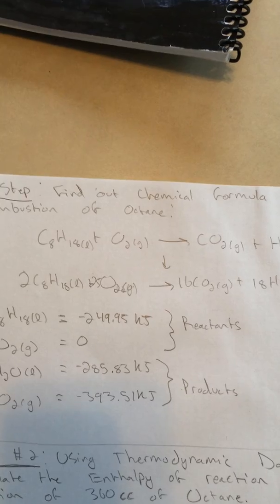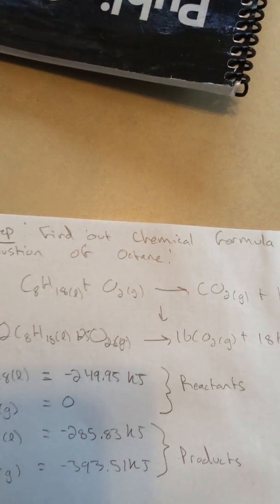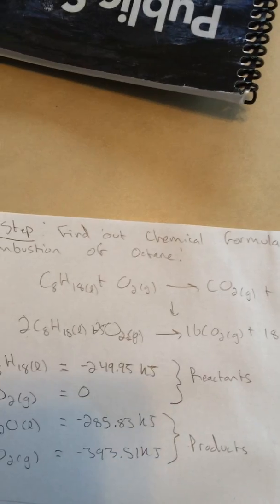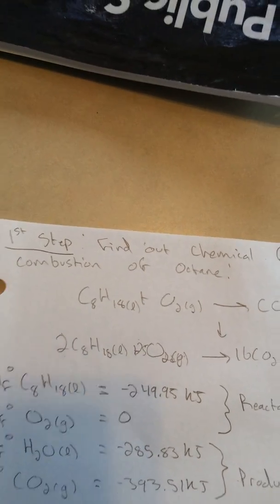That's not the end of the story yet, because the equation is not balanced. So what we have to do is balance the equation so that all of the products on the right side match up with the reactants on the left side.